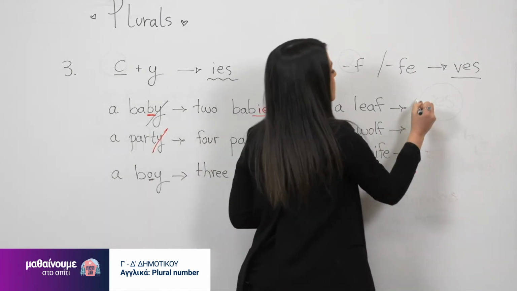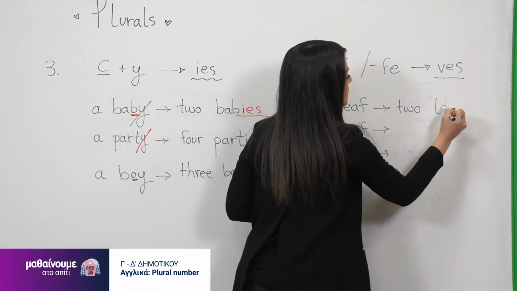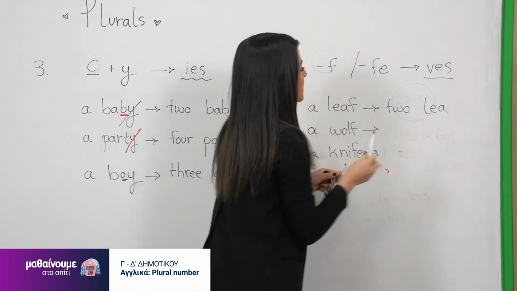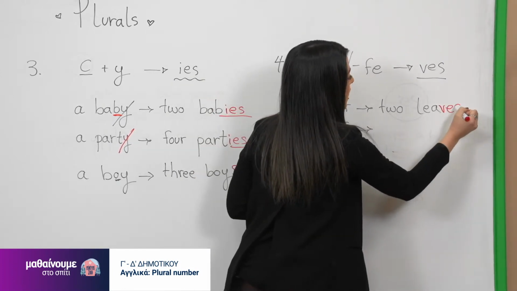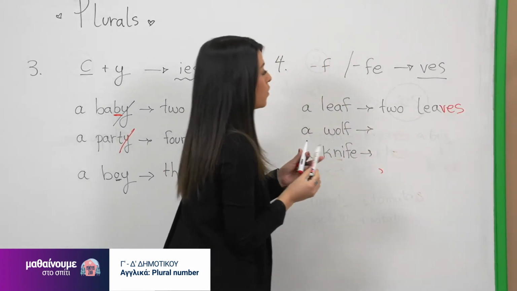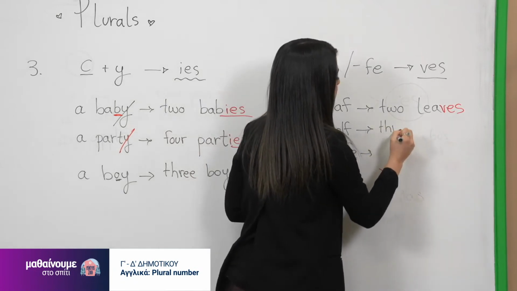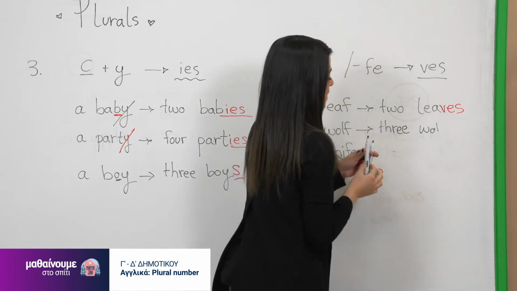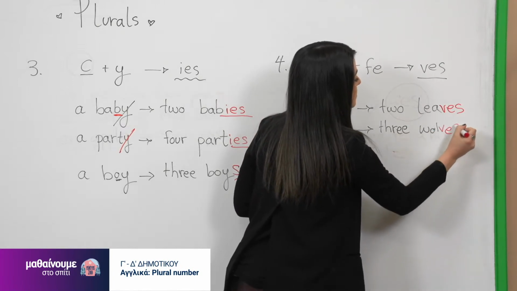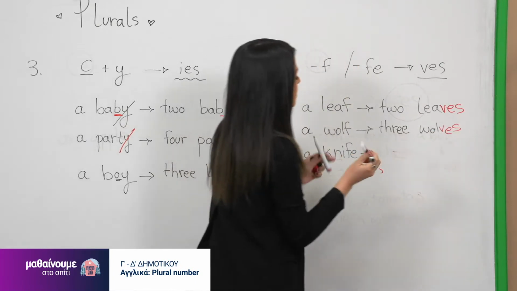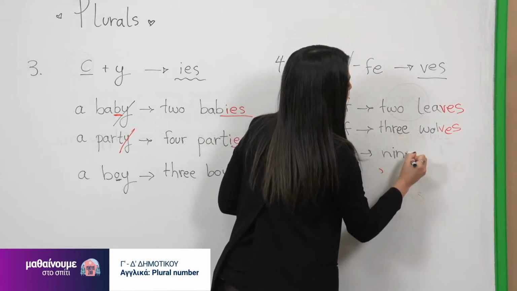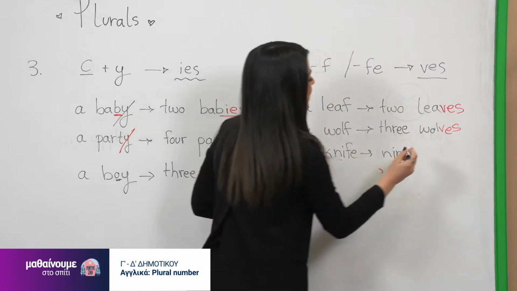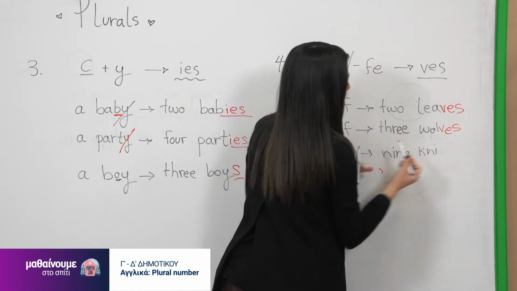A leaf, 2 leaves, V-E-S, okay? A wolf, 3 wolves, V-E-S. And a knife, 9, I'm just writing any number, it doesn't matter, 9 knives.